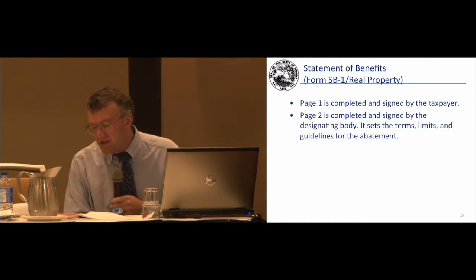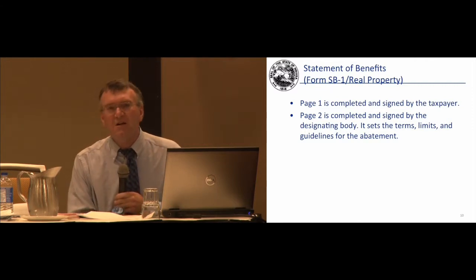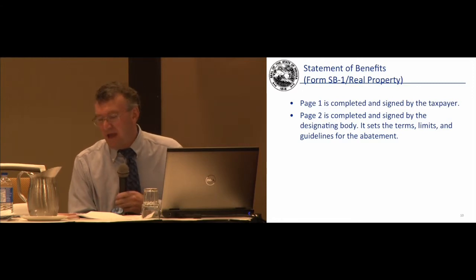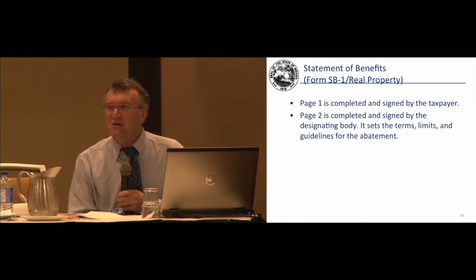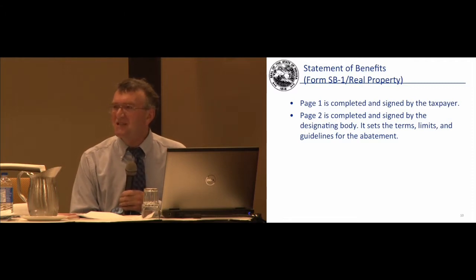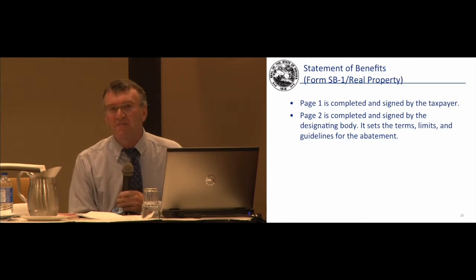Letter F is a new addition to the form, and that's because as of July 1st of 2013, the statutory abatement deduction percentages no longer exist in the Indiana codes. And so for an abatement deduction where the SB1 was approved before July the 1st, the Indiana codes contain percentages for those. And for abatement deductions given July 1st and after, no such percentages exist anymore, so it's up to the designating body to create that set of percentages.